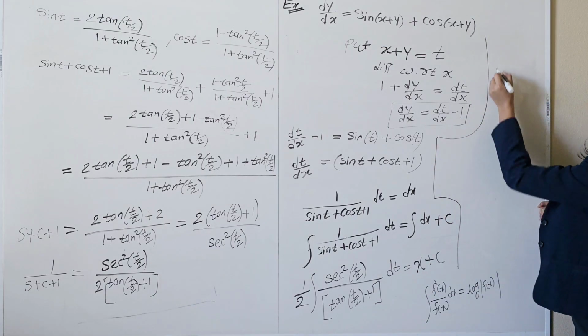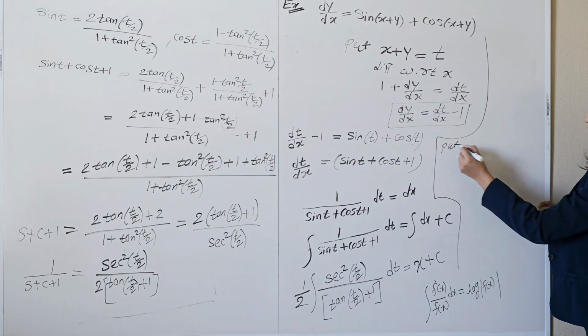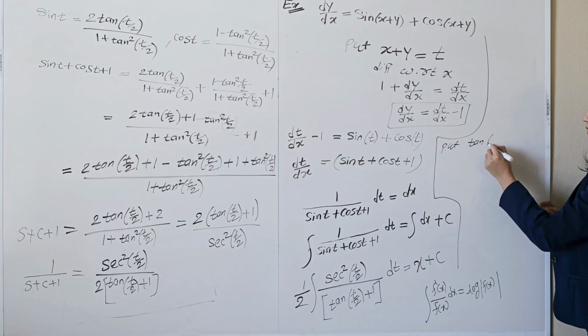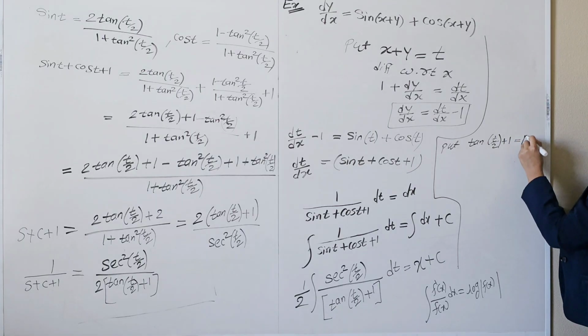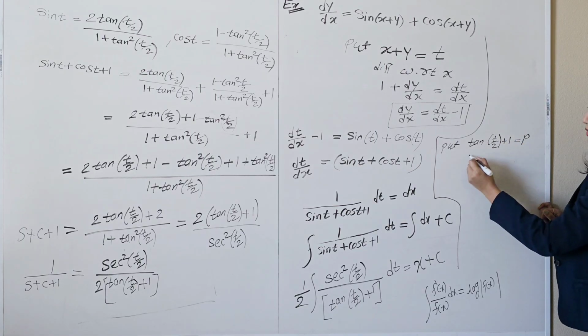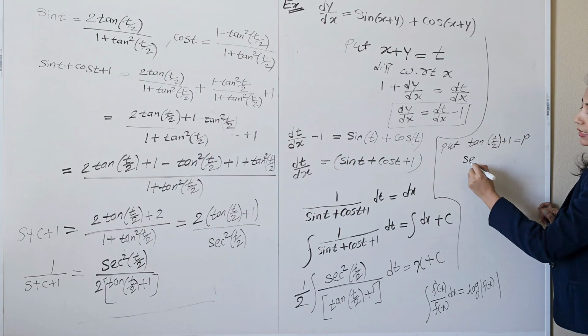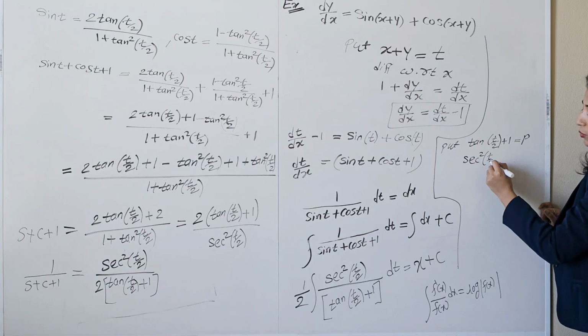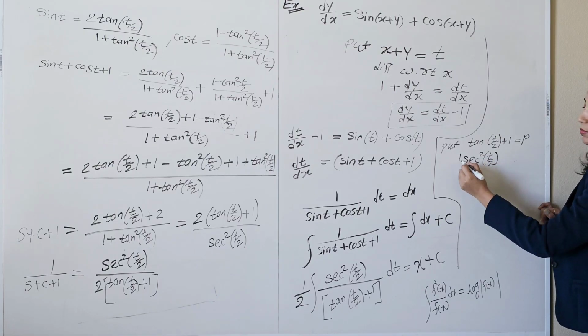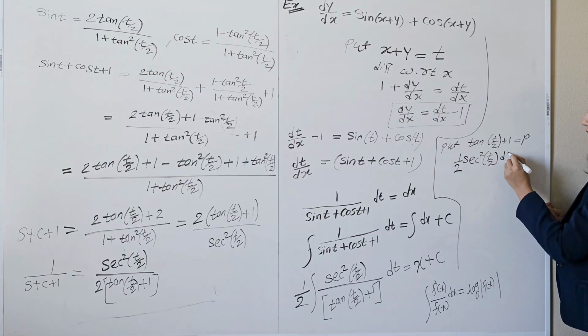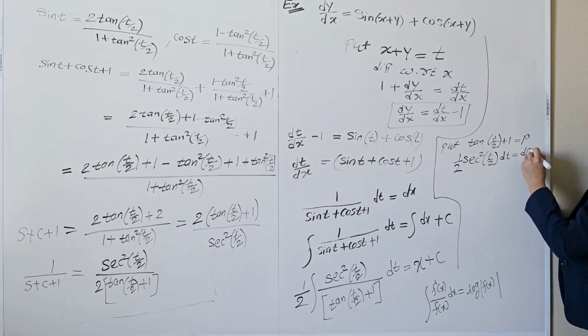So if we take tan(t/2) plus 1 as a new variable, suppose p, then the derivative of this term is sec²(t/2), and again the derivative of the angle term gives 1 by 2, so (1/2) sec²(t/2) dt equals dp.